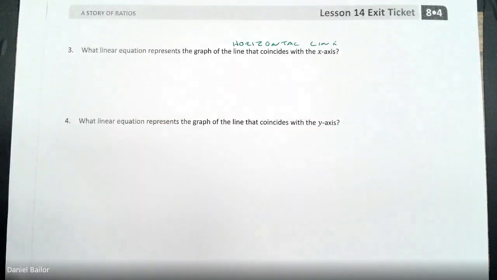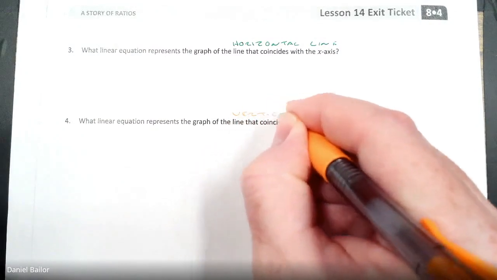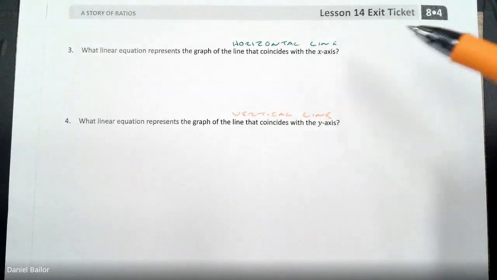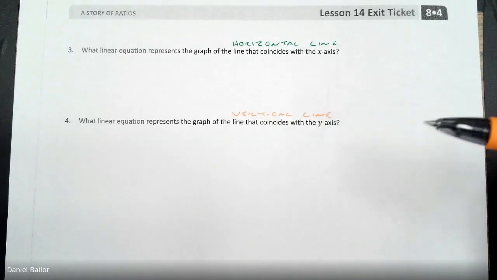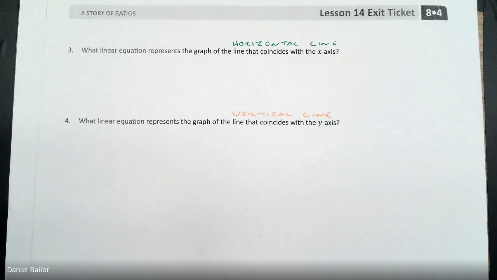And for number 4, write an equation for a vertical line. So they don't want you to graph for number 3 and 4. They just want you to write the equation. One equation for a horizontal line, one equation for a vertical line. Could be any equation you want as long as one is horizontal and one is vertical and you know the difference. That's the lesson for today.